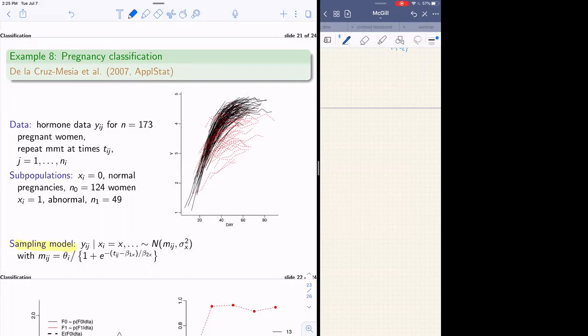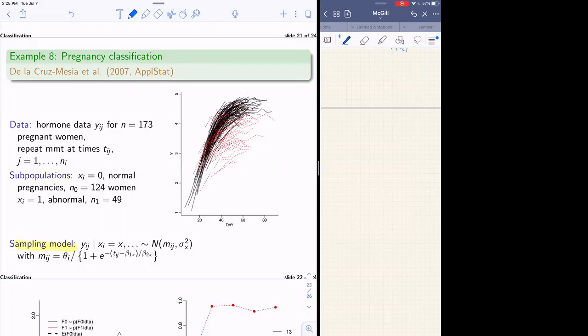When you stare at that, with a single measurement you can't tell anything. But as you get longitudinal repeat measurements for a woman, evidence builds up, and you can eventually probably tell whether it's a red one or a black one. That's what this is all about.